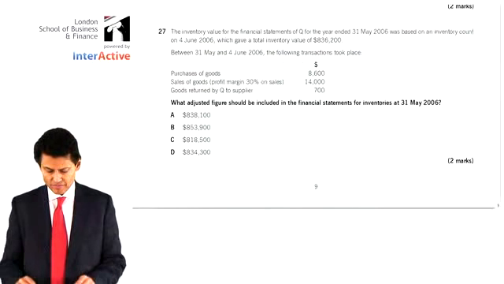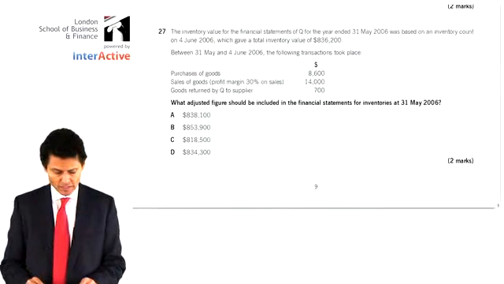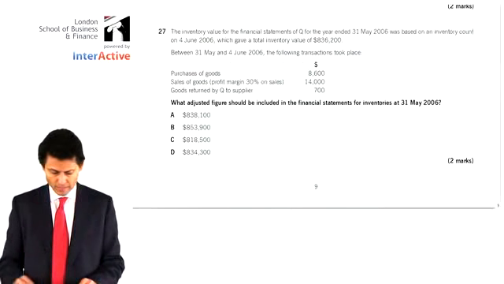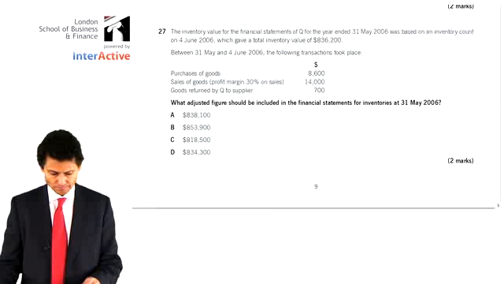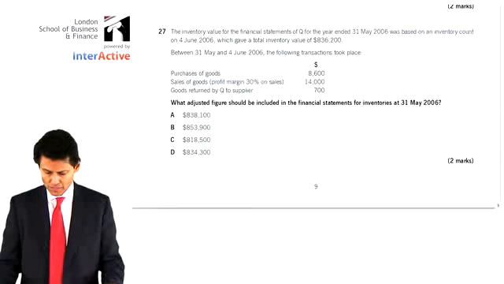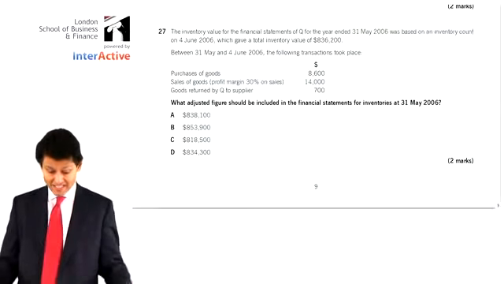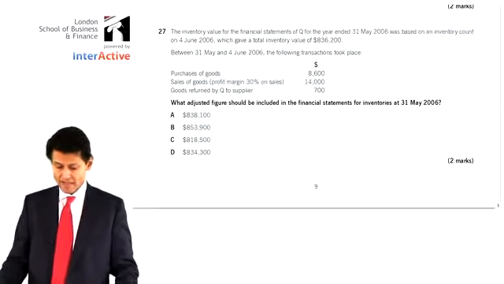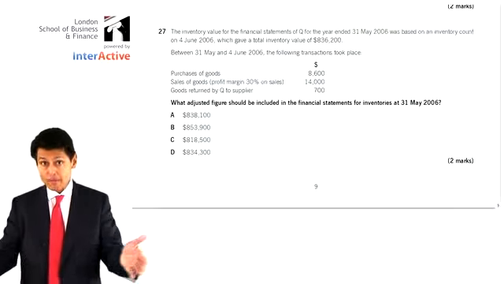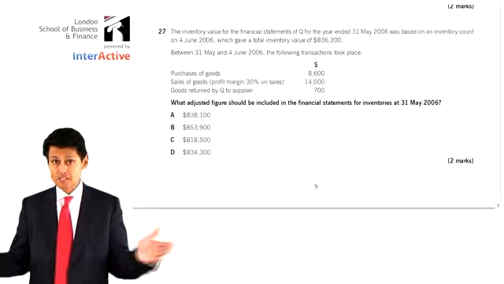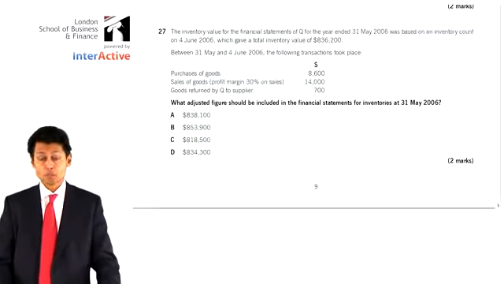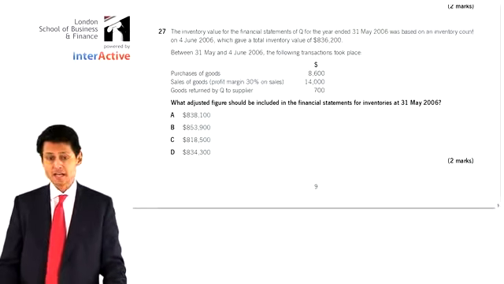The inventory value for the financial statements of Q for the year ended 31st of May 2006 was based on an inventory count on the 4th of June, 4 days later, which gave a total inventory value of 836,200. Maybe at the 31st of May, staff were not available. So what do? You count it 4 days later.